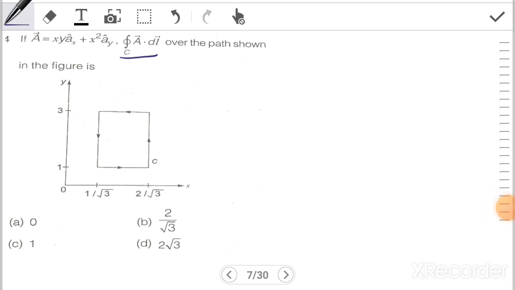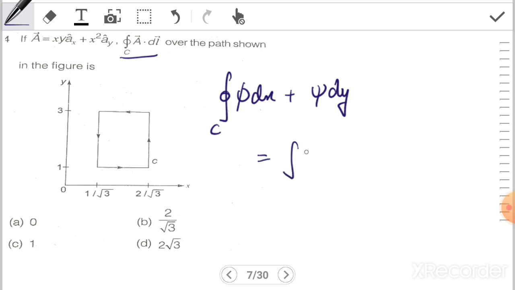According to Green's theorem, if R is a closed region of the xy plane and C is a simple closed curve, and we have two continuous functions phi and psi, then we have the partial derivative d psi by dx minus d phi by dy.